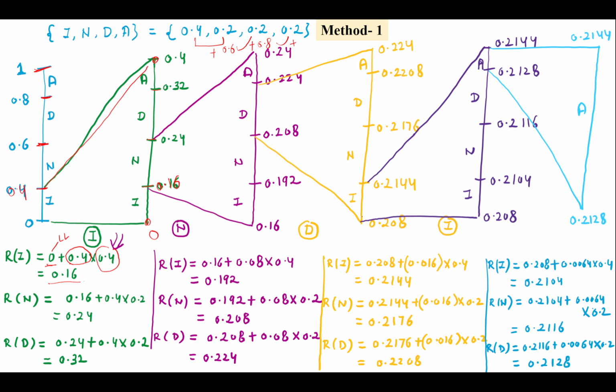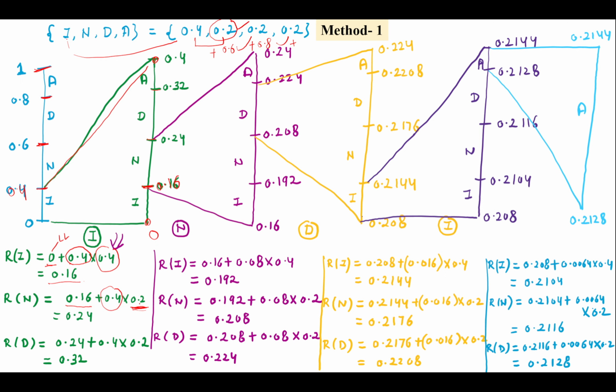Now we write this value here, and the next letter is N. For the next letter, this is the lower limit, so that value you have to fit here: 0.16 plus the difference value times the probability of the letter N, because this is already given in the question. The probability of the letter I is 0.4 and the probability of the letter N is 0.2.